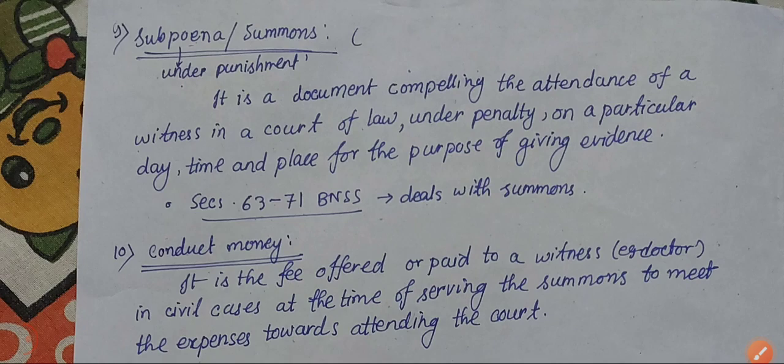So, subpoena can be of two types. Subpoena duces tecum, where the person is required to bring certain documents or other evidence to the court, usually the postmortem or medico-legal reports specified in the subpoena. And subpoena ad testificandum, which requires the individual to testify before the court.